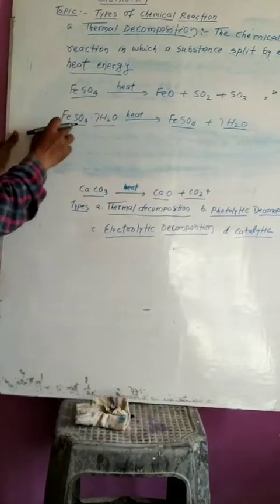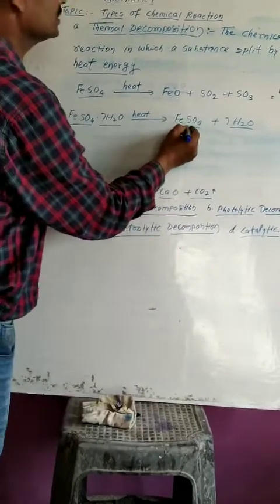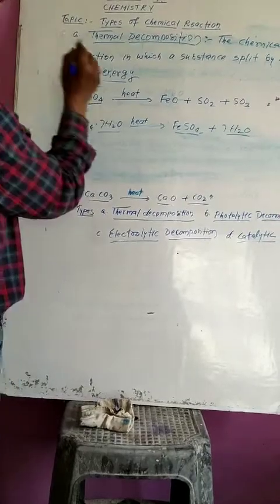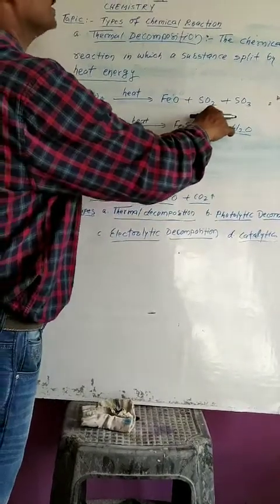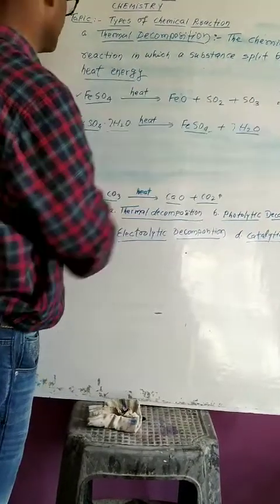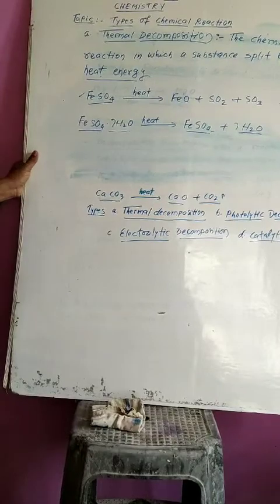And then whenever heated, this iron sulfate produces iron oxide, sulfur dioxide and sulfur trioxide. This is the thermal decomposition reaction.